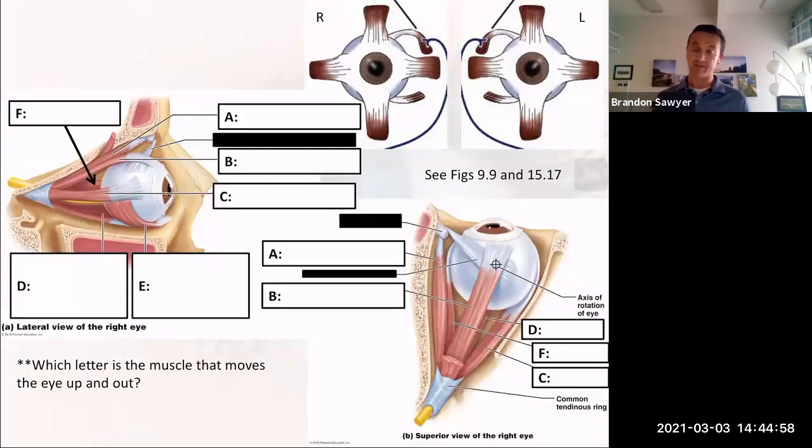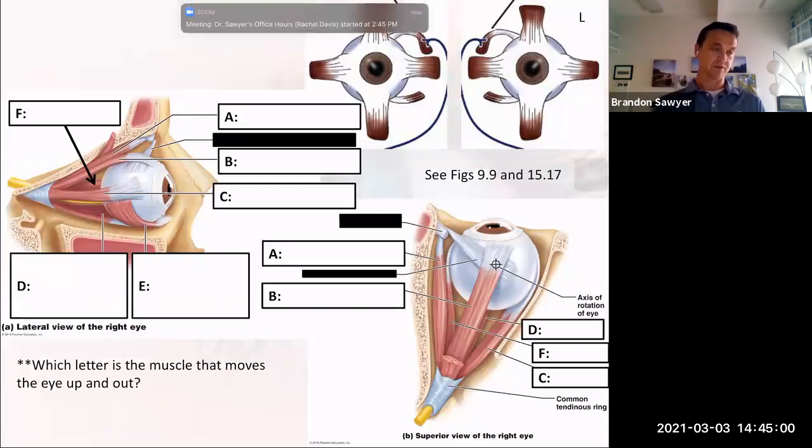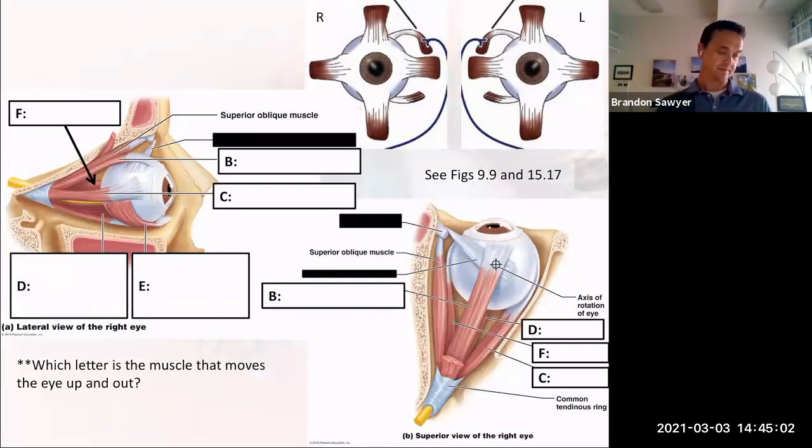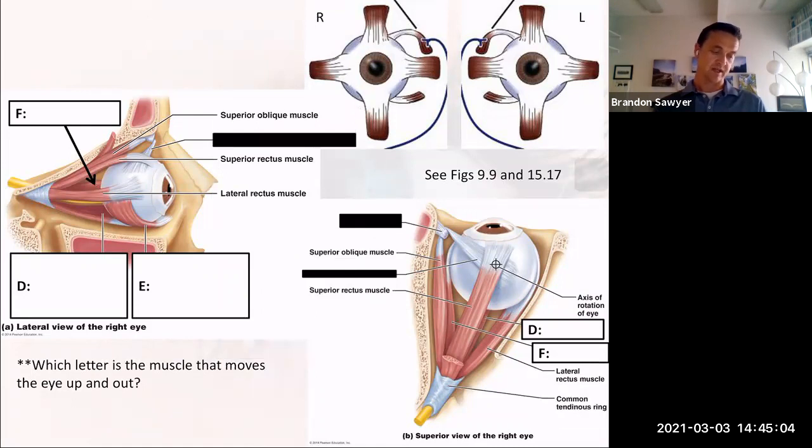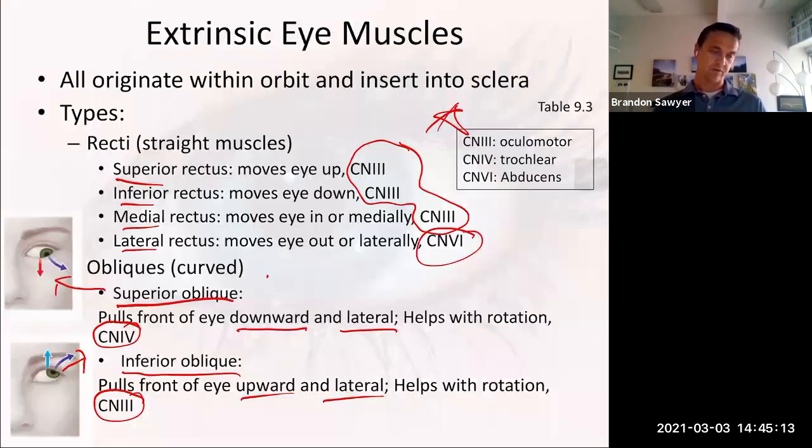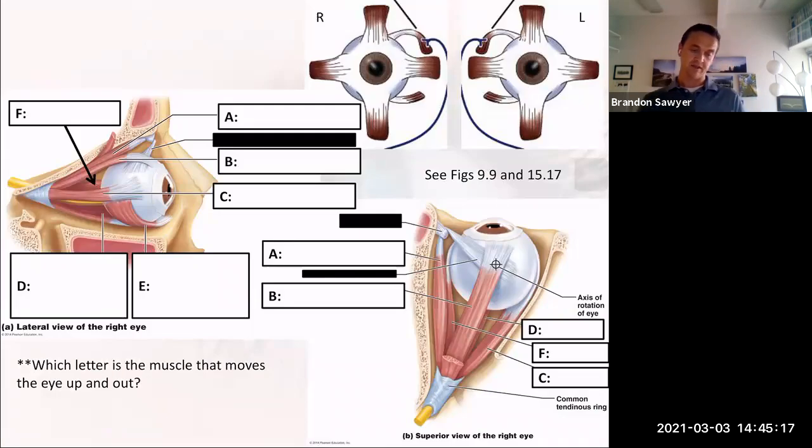All right, this is just a labeling of those muscles, which you can do here. Which letter is the muscle that moves the eye up and out? Right, so that would be the one from before, the up and out one that we just talked about right here. That's the inferior oblique.